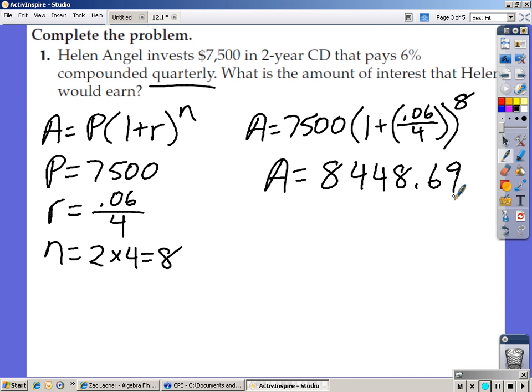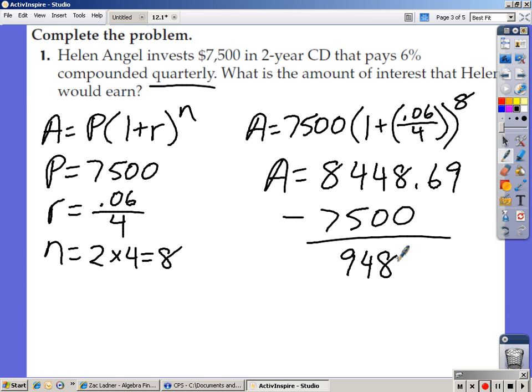Now, the question's asking what is the amount of interest that Helen would earn. So subtract your original $7,500 deposited, and you come up with $948.69. Real nice and easy.